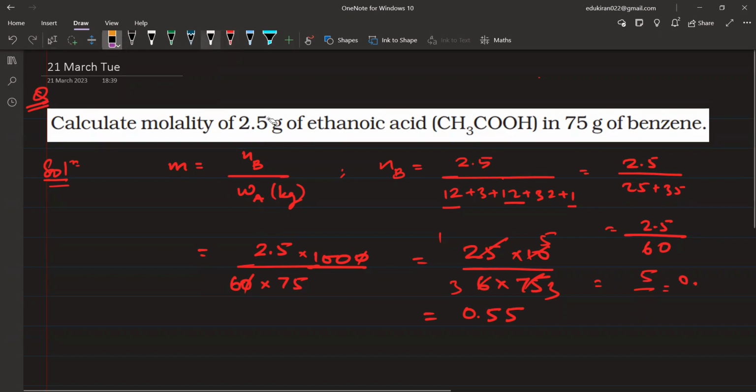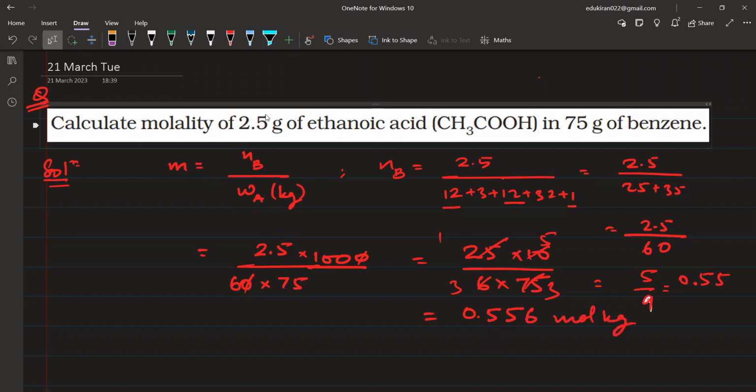My bad. 3 3s are 9. Okay, so this will be equal to 0.555. Then again 5 is remaining, so 0.556. So you can write 0.556 moles per kg.